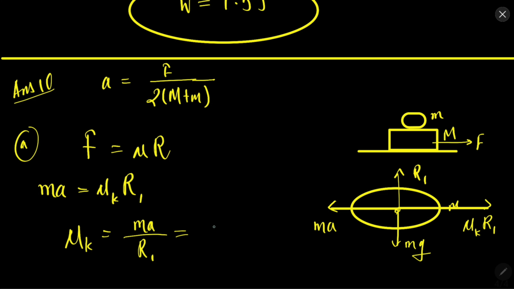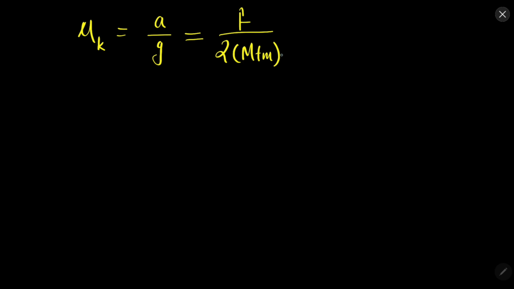R1 is equal to mg, so it can be ma upon mg. So the kinetic frictional coefficient will be a upon g, and a is F upon 2m plus M, so mu k is F upon 2m plus M into g. So this will be the value of the coefficient of kinetic friction.